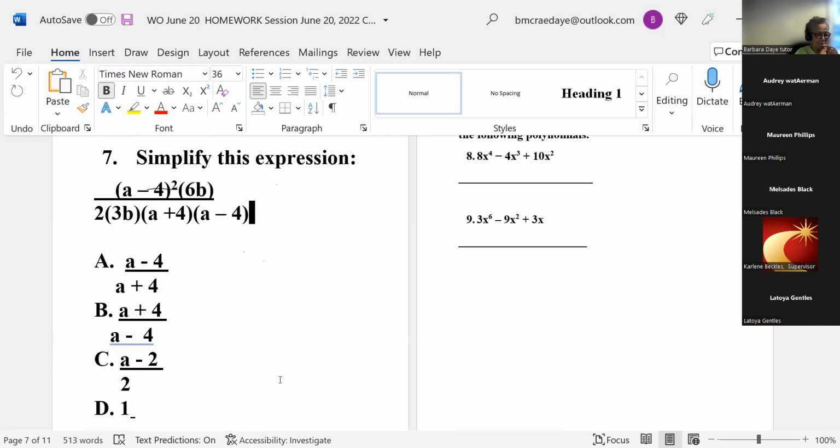I see 3B and 6B. You mean you see 2 times 3B is 6B. Yes, I see 6B and a minus 4 in the numerator and the denominator. Okay, very good.